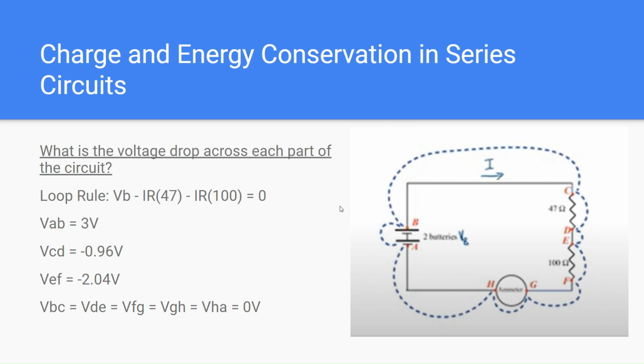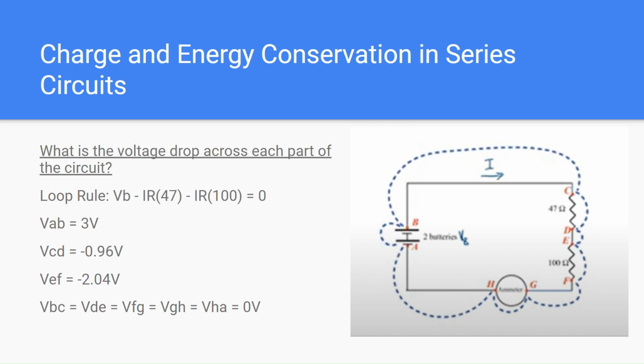All right, so what is the voltage drop across each part of the circuit? We use the loop rule to see this. We have our volts, IR47, IR100 for our resistors, and for our battery. We have 3 volts going through the battery.